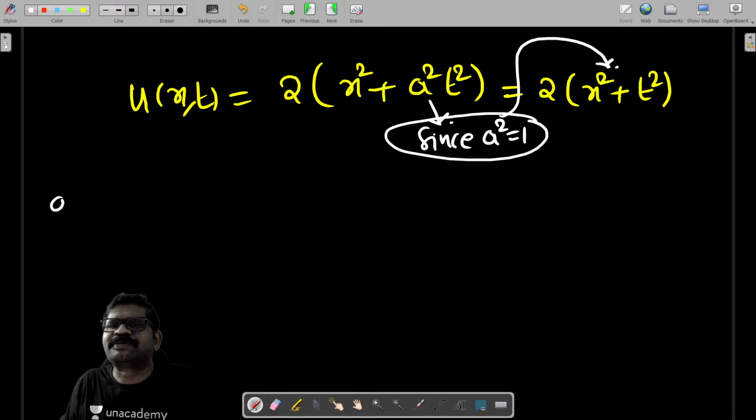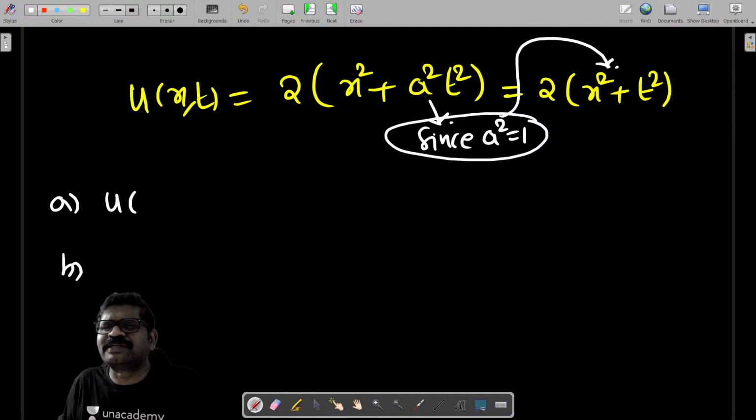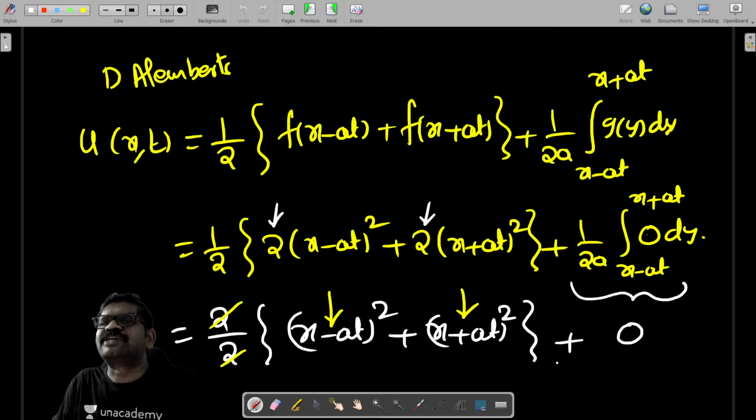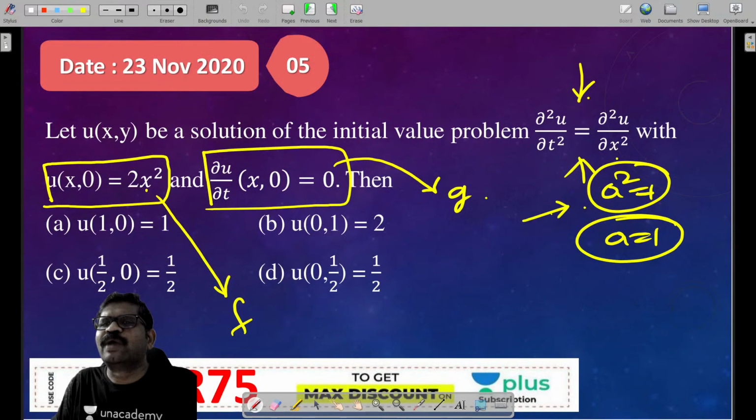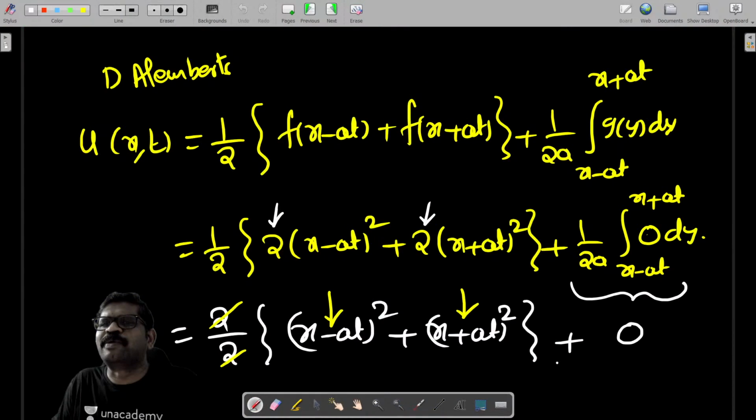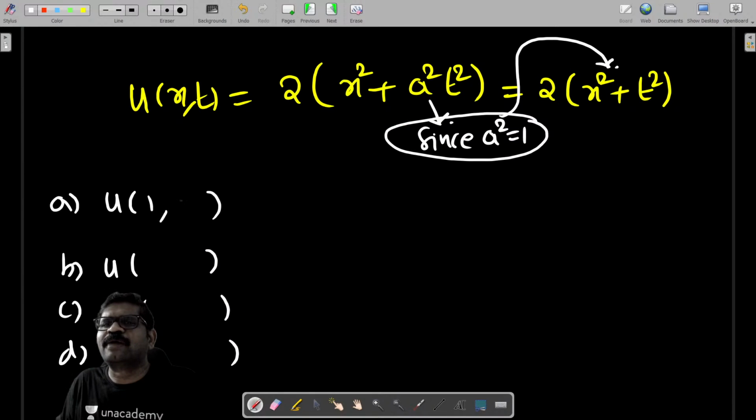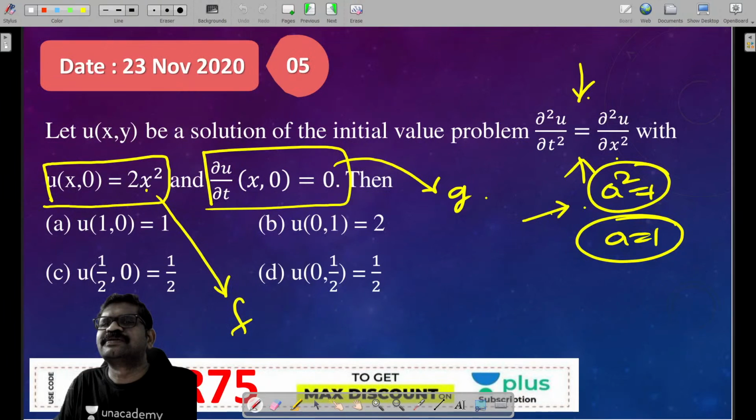Now in the first option, second option, third option, fourth option, we are going to cross check. First option we have to calculate 1 comma 0, second option 0 comma 1, third 1 by 2 comma 0, fourth 0 comma 1 by 2. These are the given options.